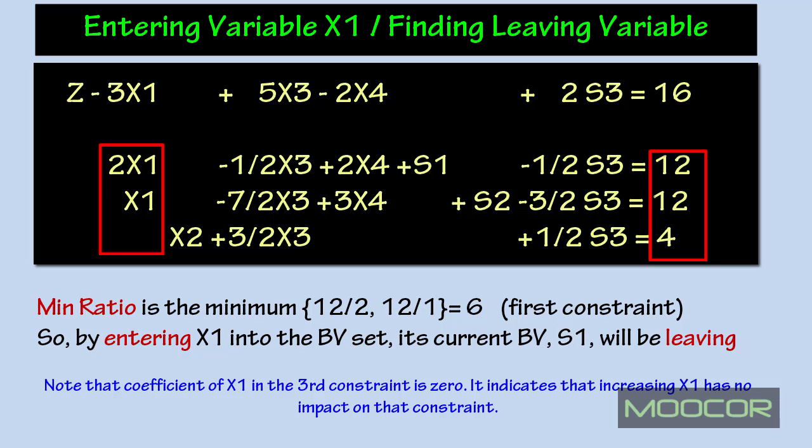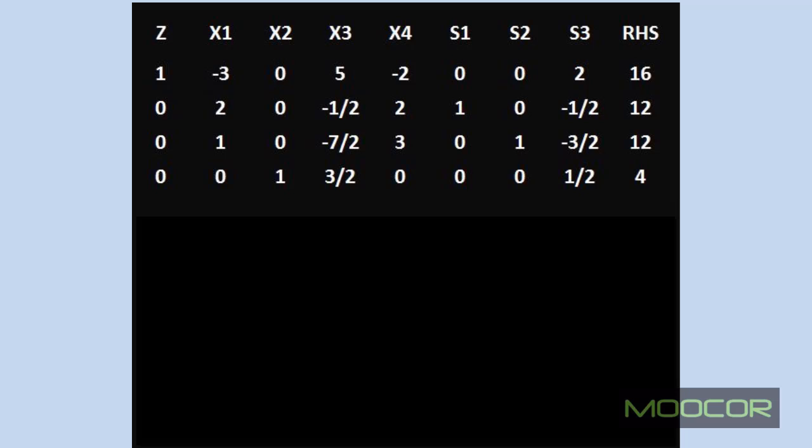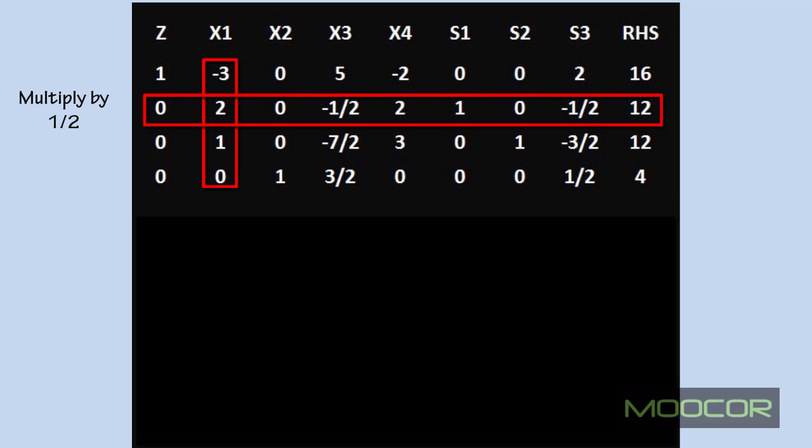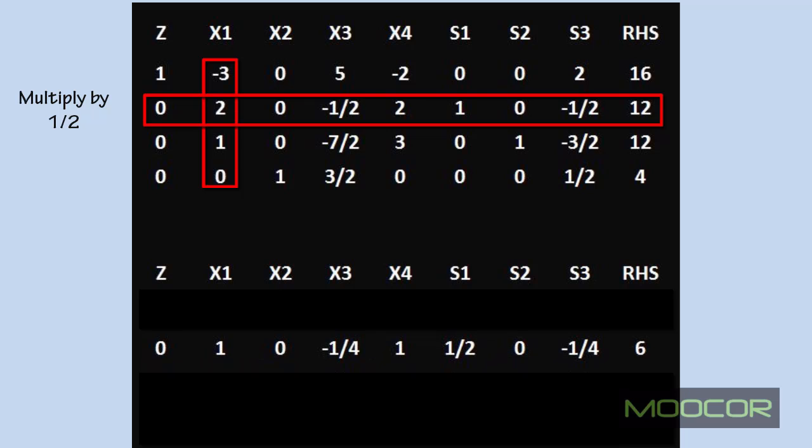Now notice in here that the third constraint does not have any x1 in it. The coefficient of x1 is 0 in there. So x1 has no impact on that constraint. So let's continue just like the same steps that we did.